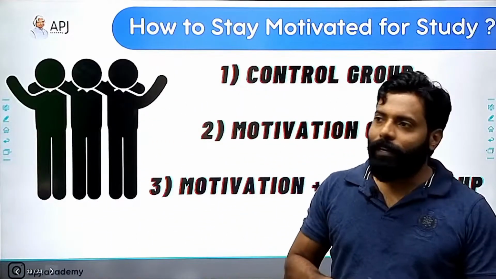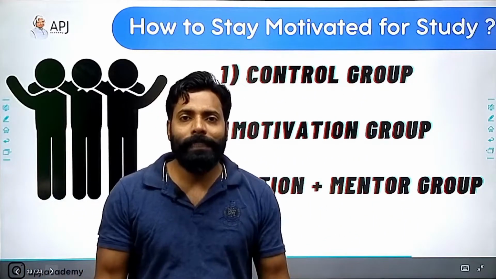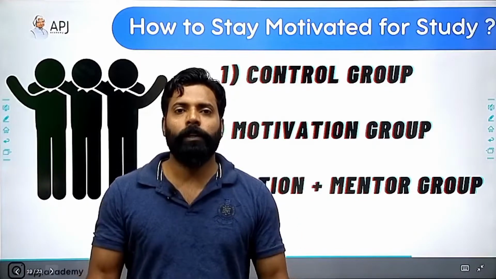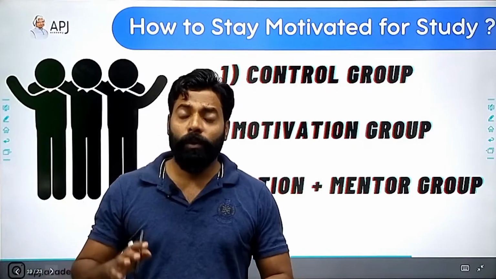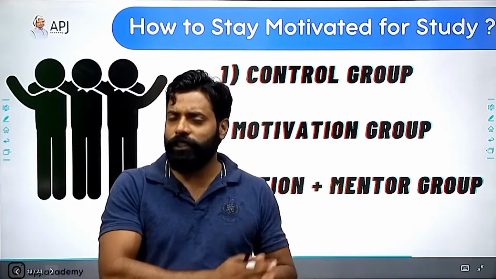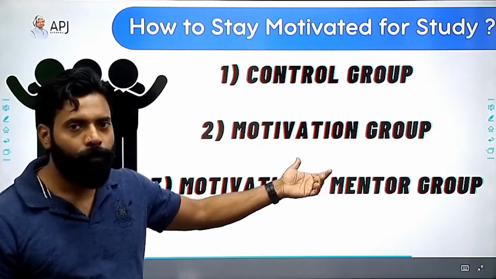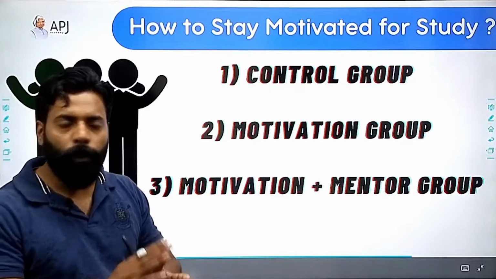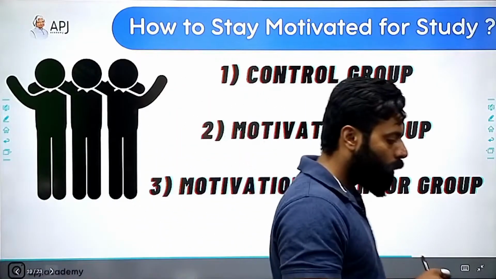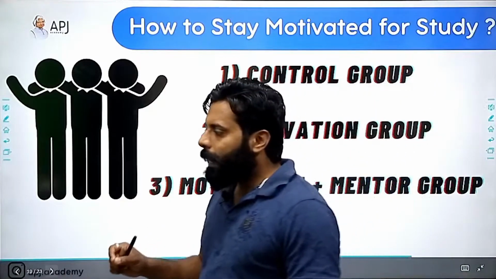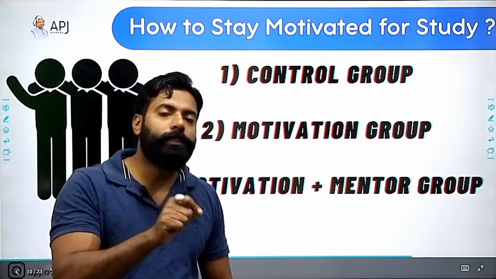The second one is the motivated group. They are told that yes, you need to go to the gym, but you need to do this exercise to improve your biceps, this exercise to improve your chest, and so on, right? The second one is the motivational group, where somebody is there to motivate them. The third group is the motivational plus mentored group, where the mentor will be guiding that today at 3 p.m. you have to do this thing.